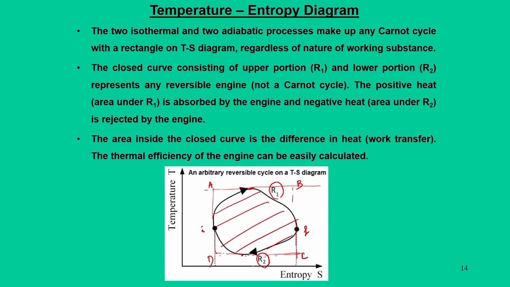So ABCD is nothing but a Carnot cycle, consisting of two reversible isothermal processes and two reversible adiabatic processes. However, R1 and R2 are just reversible paths or reversible processes.